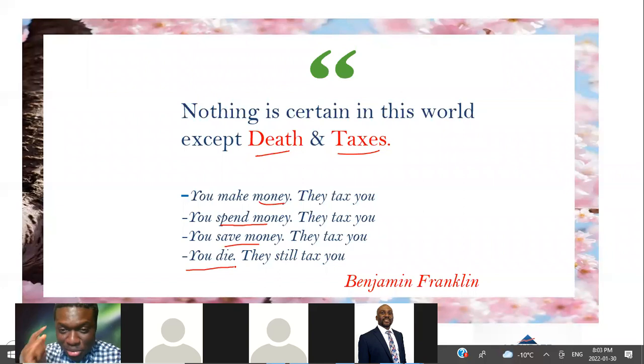Government will assume that that property has been disposed, and assuming it has been disposed at fair market value, what is the capital gain? And they will expect people that inherit that property to pay tax on it. That's why we need to structure our investment in such a way that we reduce our taxes appropriately.